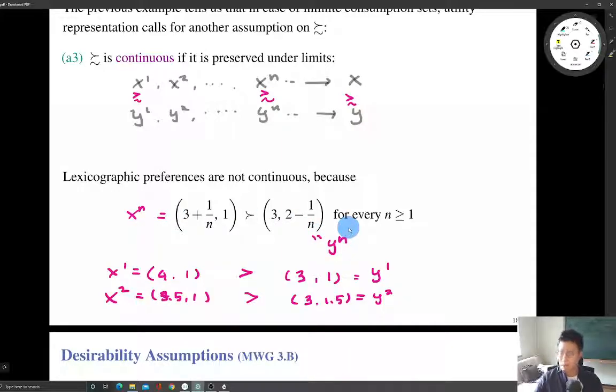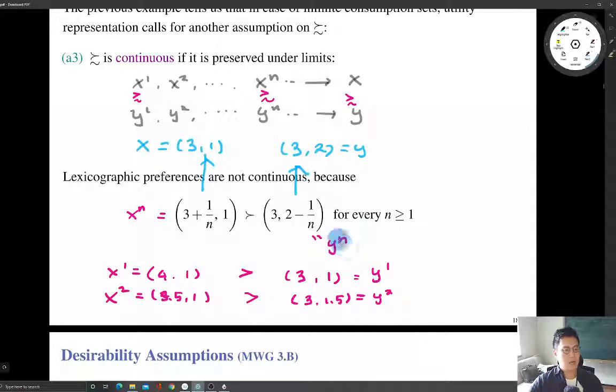Now we think about the limit. If we take the limit as n goes to infinity, then x super n will approach 3 comma 1, that is x, and y super n approaches 3 comma 2.